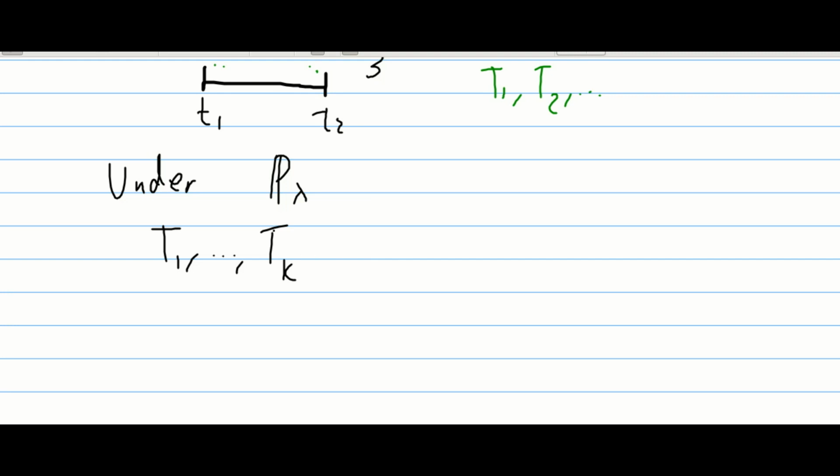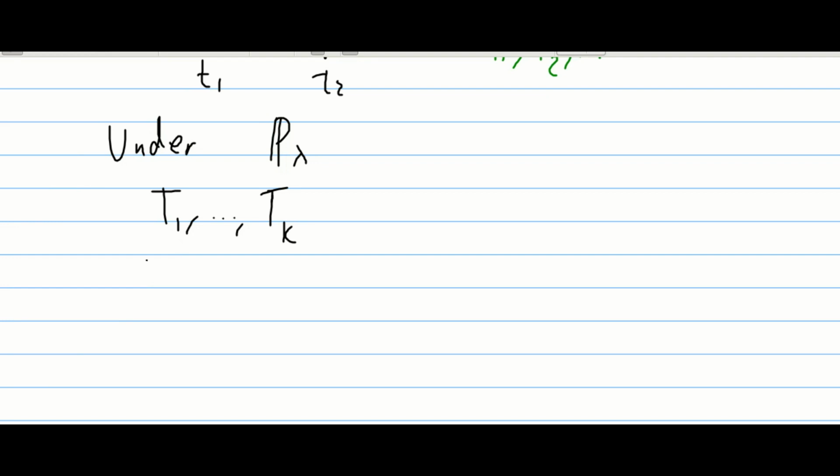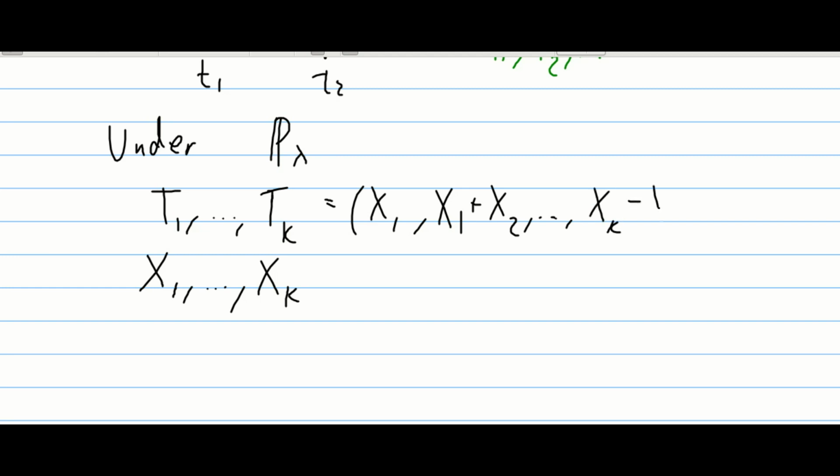But this distribution is not easy to write because it's not independent. They are of course not independent because they are ordered. The way we understand their joint distribution is to go to the interarrivals: x1, x1 plus x2, until xk minus x1 plus xk.